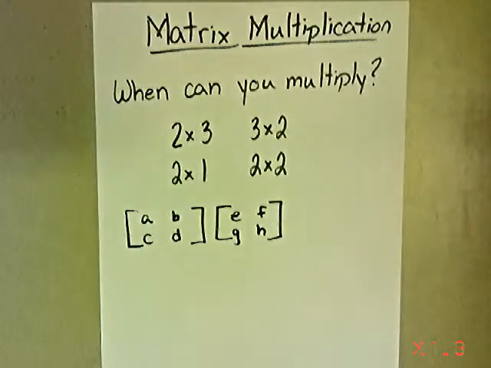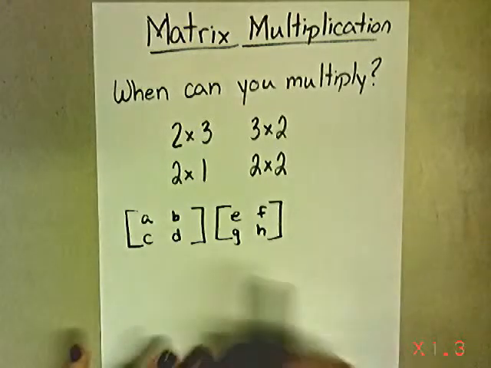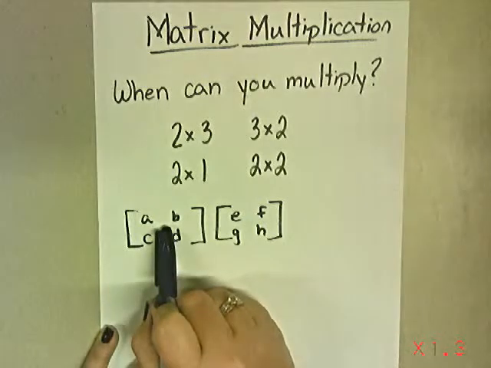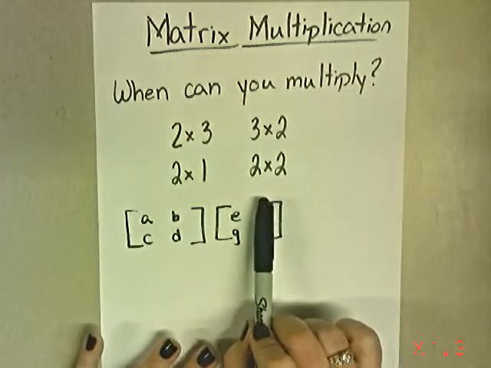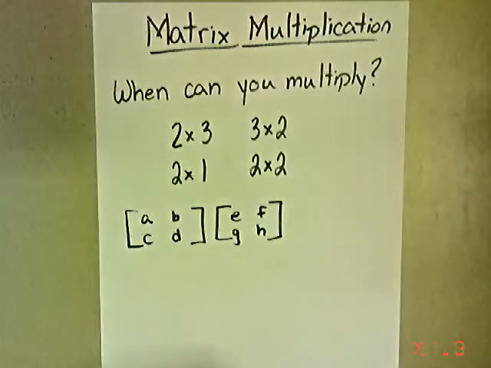So the first thing that we have to know is when we're allowed to multiply and when we're not, because we're not always allowed to multiply two matrices together. So here's the rule for that. If you write the dimension of the first matrix that you're supposed to multiply and the dimension of the second.